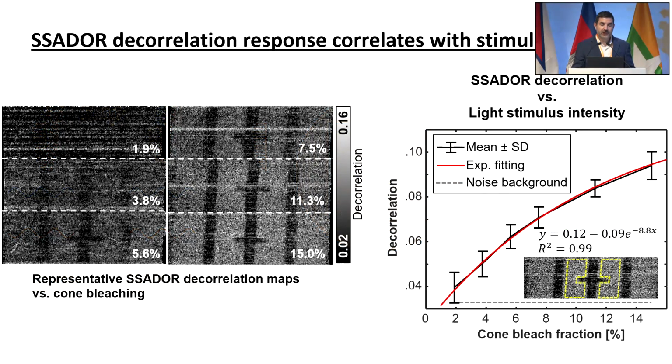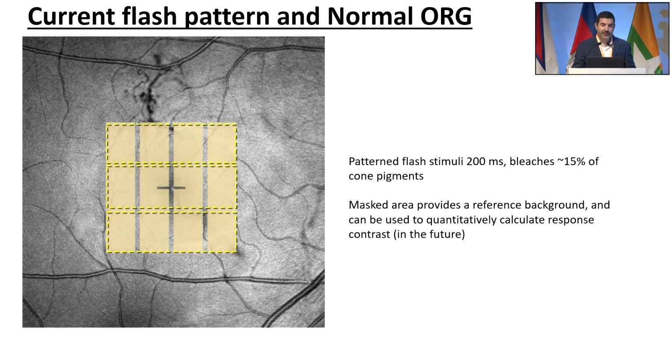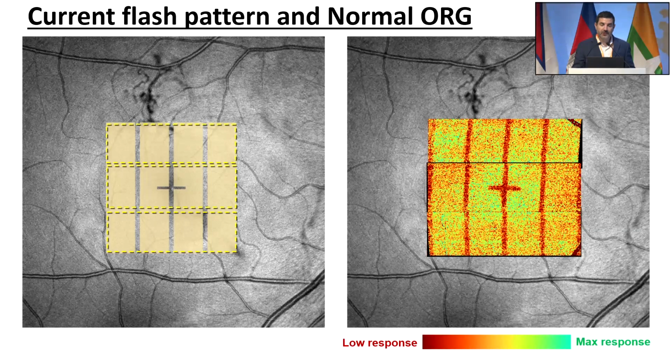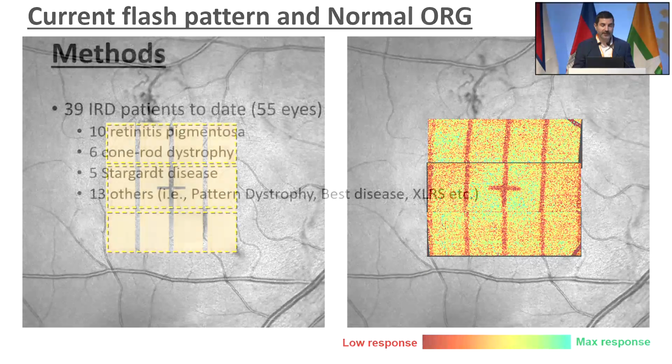And we can show that as you increase the intensity or the amount of cones that are bleached, this signal increases in a predictable manner. This is our protocol where we do 3 scans, each 3 by 1 millimeters to measure the central macular function. And this is what a typical result or signal would look like.